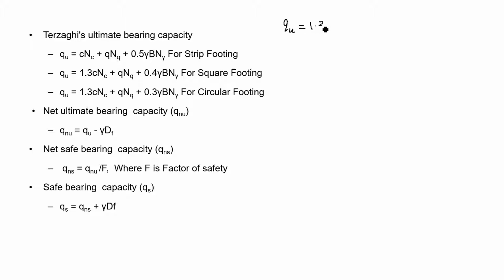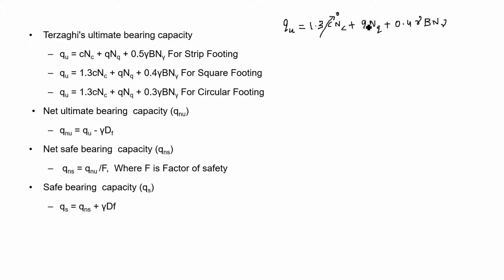Qu is equal to 1.3 c Nc plus q Nq plus 0.4 gamma B N gamma. Now since c is 0, this term will be 0, and this q is the overburden pressure, which can be calculated by gamma into Df.